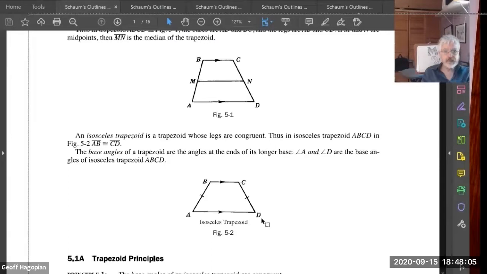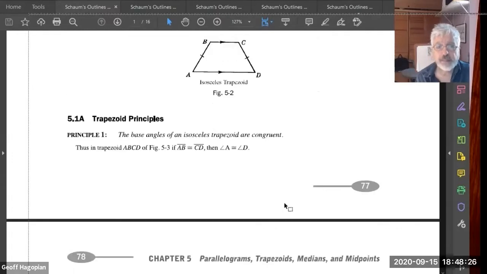So in this case, angles A and D, since AD is the longer base. And you refer to this trapezoid simply by the name of its four vertices, A, B, C, D here. So some principles? Well, the base angles of an isosceles trapezoid are congruent. Oh, can we prove that?